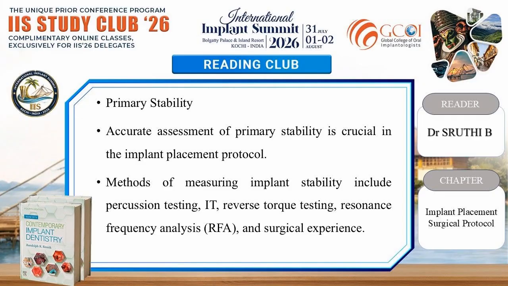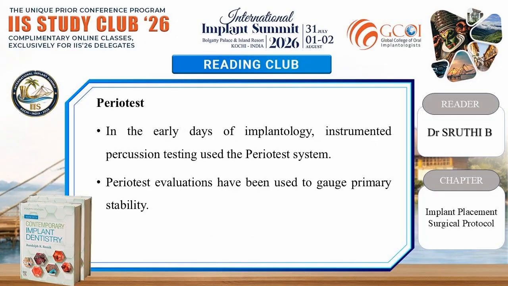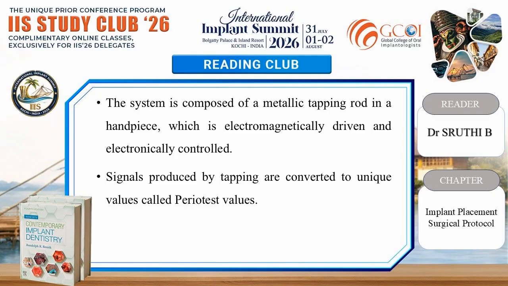Methods of measuring implant stability include percussion testing, insertion torque, reverse torque testing, resonance frequency analysis RFA, and surgical experience. Perio test. In the early days of implantology, instrumented percussion testing used the Perio test system. Perio test evaluations have been used to gauge primary stability. The system is composed of a metallic tapping rod in a handpiece, which is electromagnetically driven and electronically controlled.